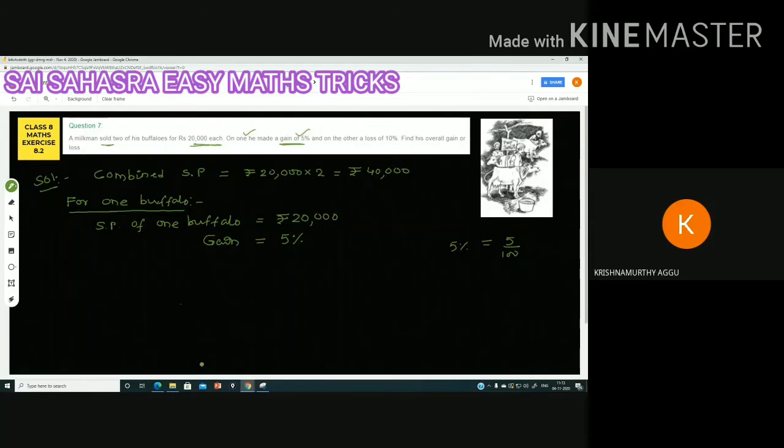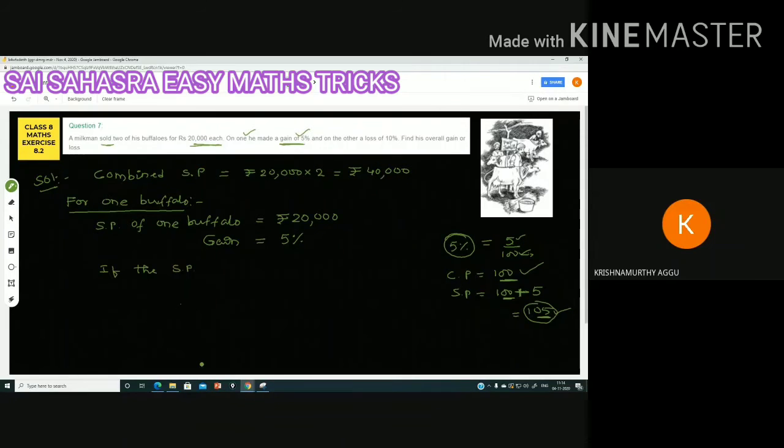If you are treating 100 as the cost price, he will get 5 percent extra, so 5 extra rupees out of 100. The selling price will be 105 rupees.